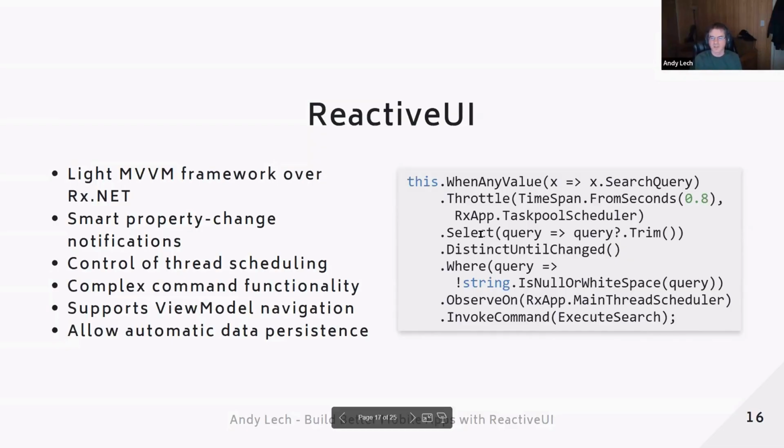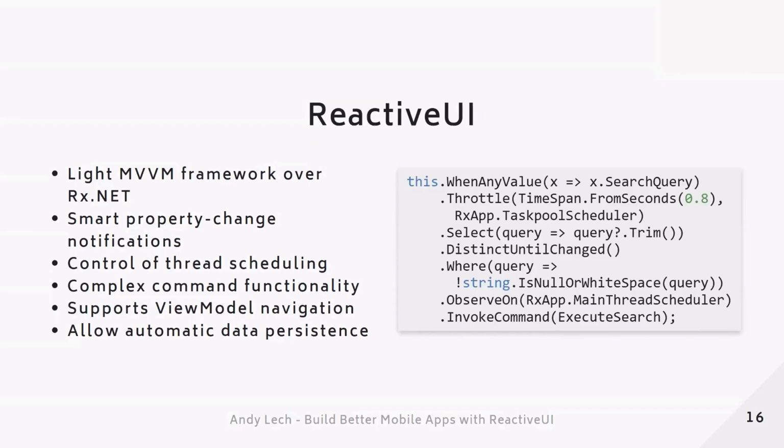Then you look at this select statement, which takes the query and trims it down, and then detects if it's changed, with distinct until changed. So don't do anything until you've waited to see that the user has pressed a button in the intervening time. If they pressed a bunch of buttons, you wait till that's over, till it's changed, and then start searching.